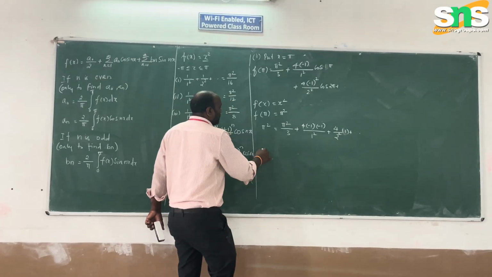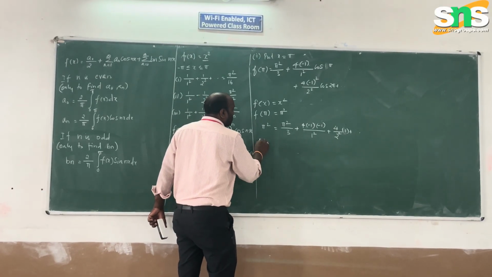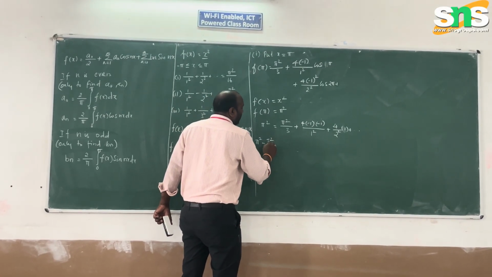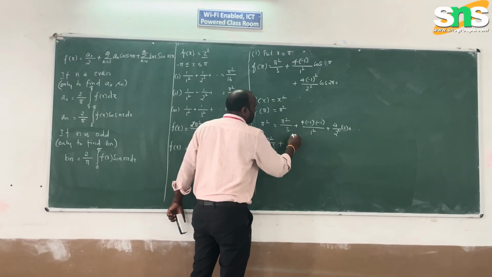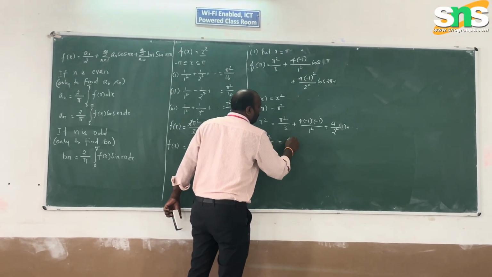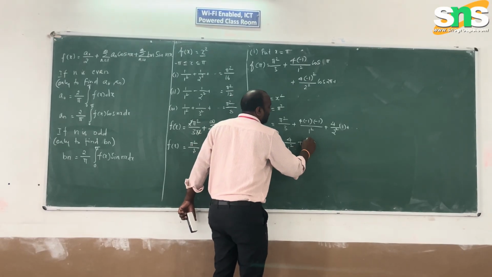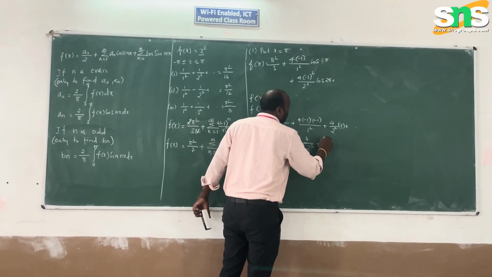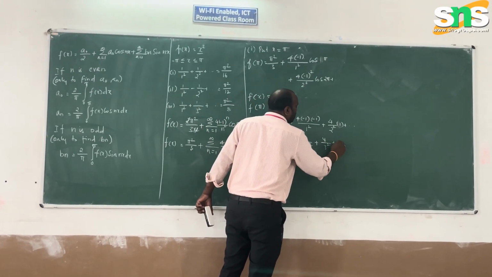So here pi square minus pi square by 3 is equal to 4 by 1 square plus 4 by 2 square plus 4 by 3 square plus and so on.